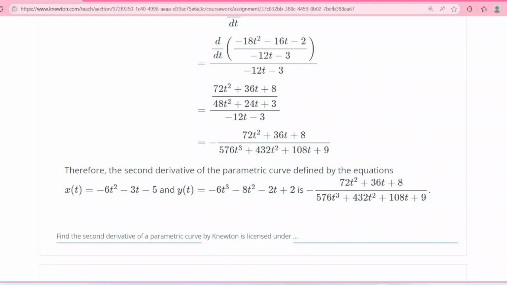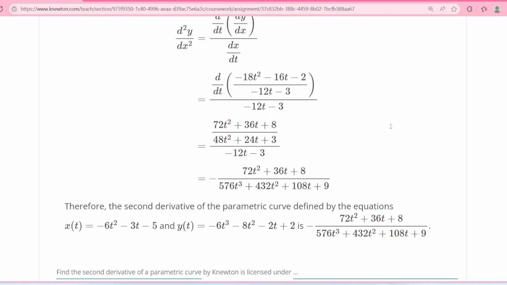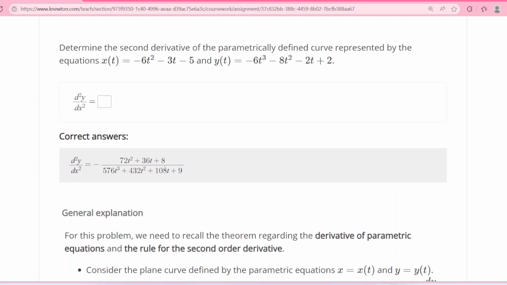All right, so going back to the site just to double check, if you look through all this, the algebra I did was basically all this here. But if you look at the explanation, the correct answer, I didn't put the negative out. My apologies. This 576 plus 432 plus 108 plus 9, they factored the negative out.